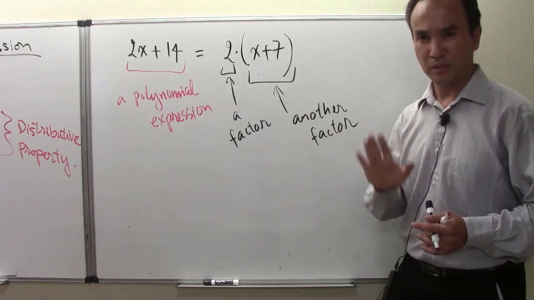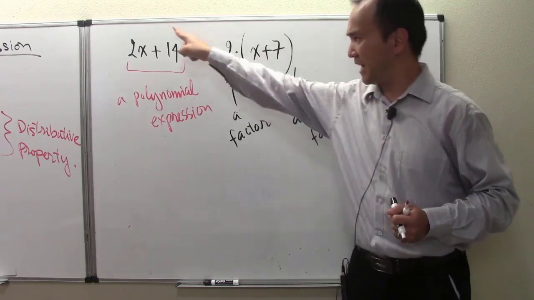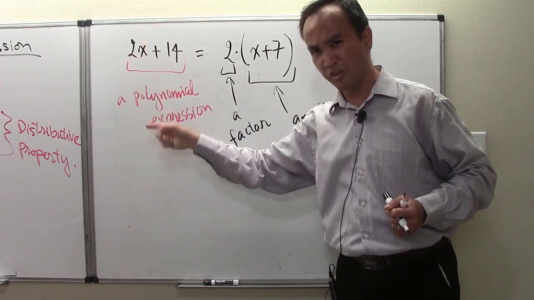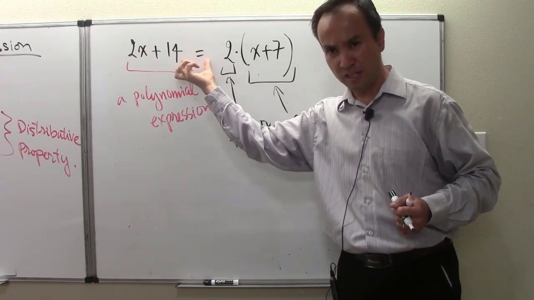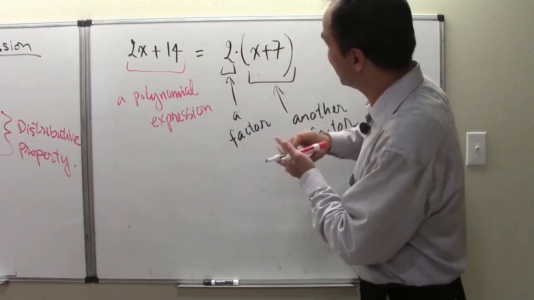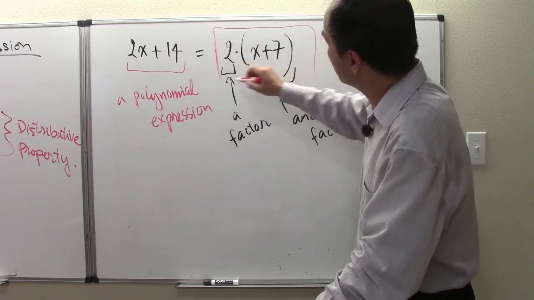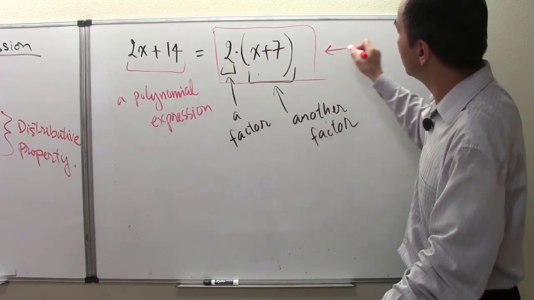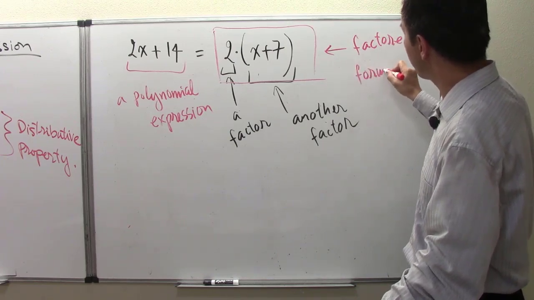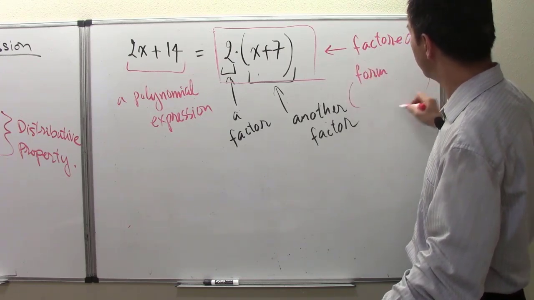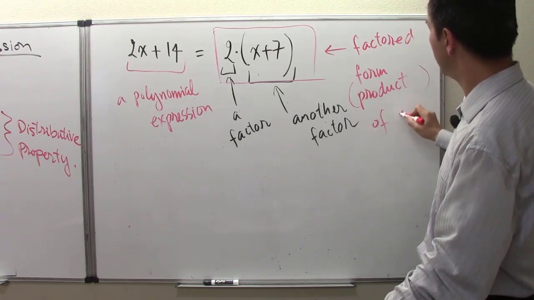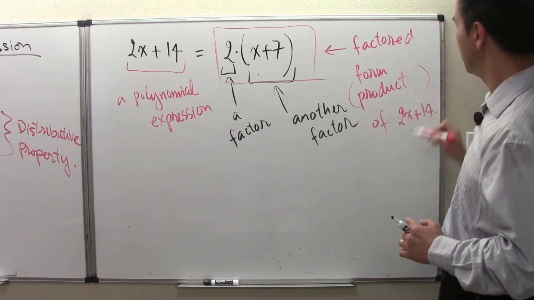A lot of the time, starting with a polynomial expression, we can make it equal to a factor product. So 2 times (x plus 7) is called the factor form, or sometimes the factor product, of 2x plus 14.